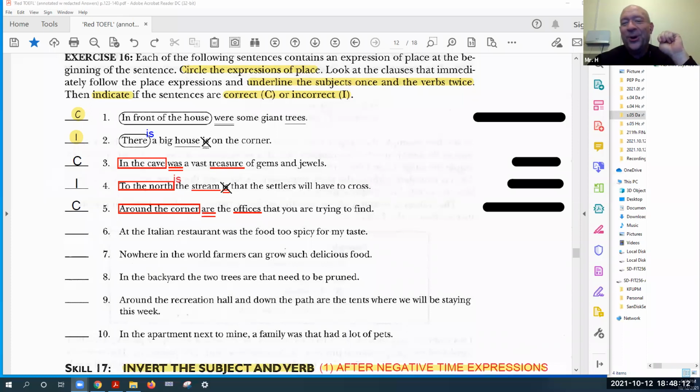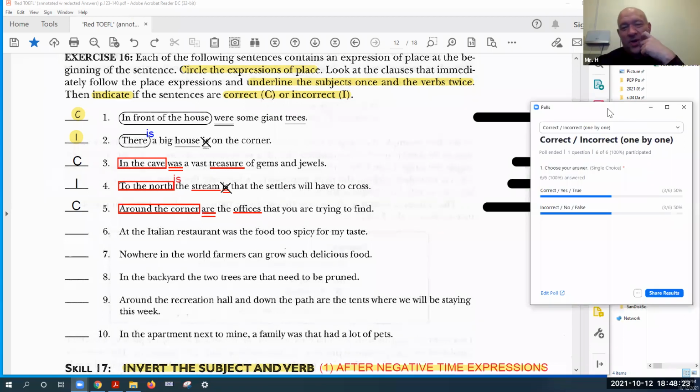Oh, we are exactly 50-50. 3 of you say it's correct, 3 say it's incorrect. So Rita said it's easy. What's your answer, Rita? It's correct. The sentence is correct. Sure about that? 3 people agree with her and 3 disagree.